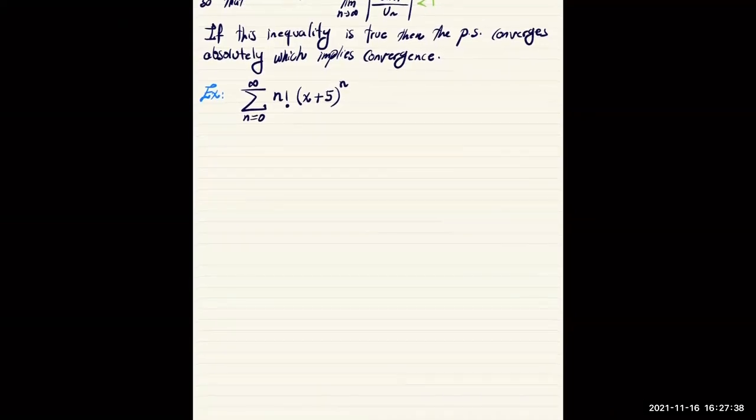So again, we want to check absolute convergence. Here our u sub n is n factorial times (x plus 5) to the power of n. And what you do is you find the limit of the ratio in absolute value.